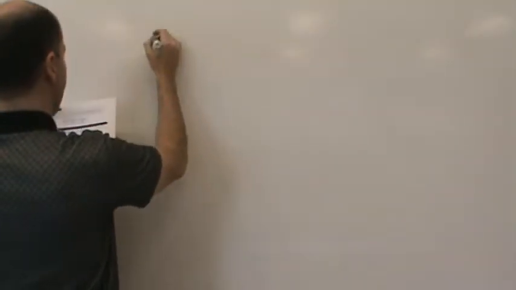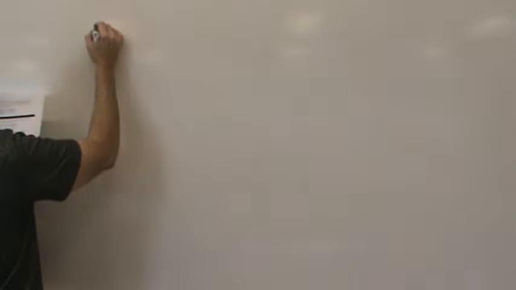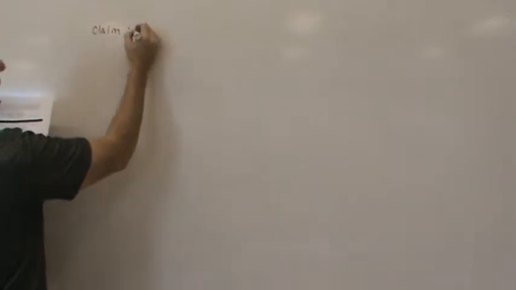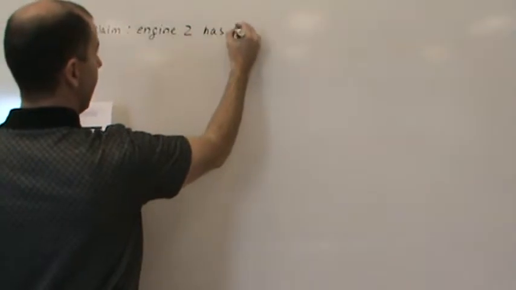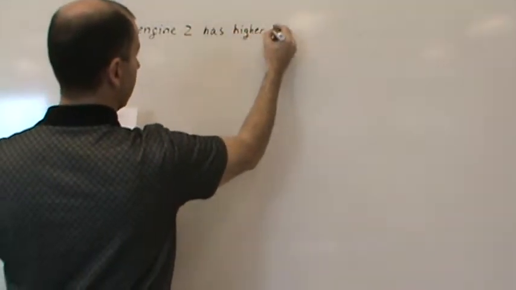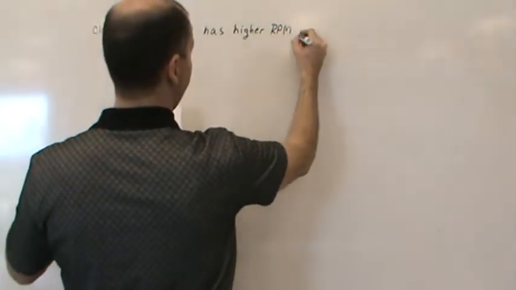So now, the claim is what? The claim is that engine 2 has a higher RPM, revolutions per minute, on average.